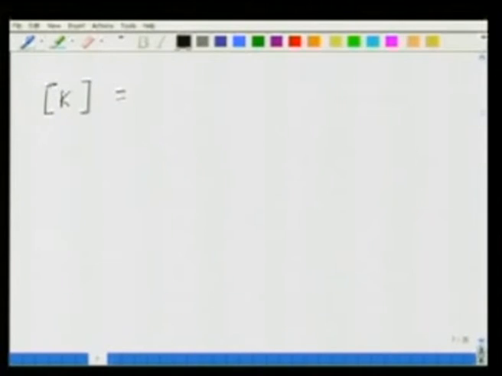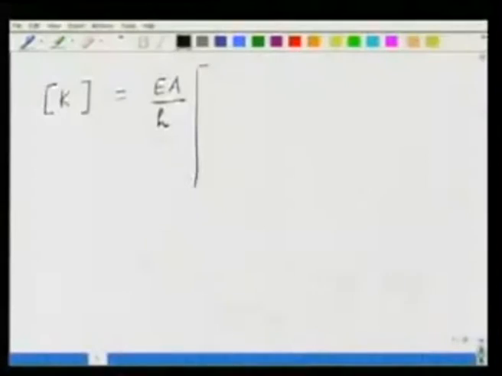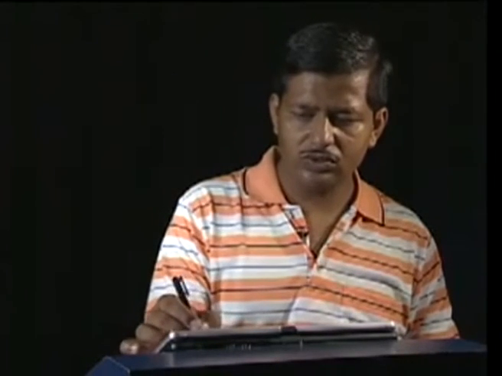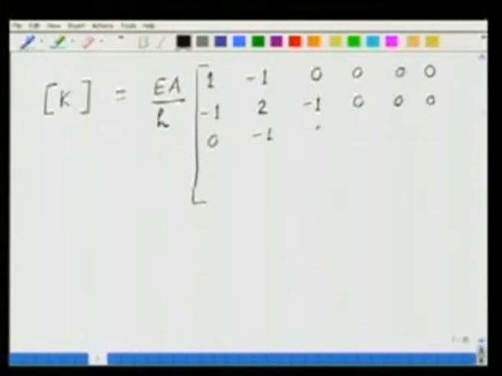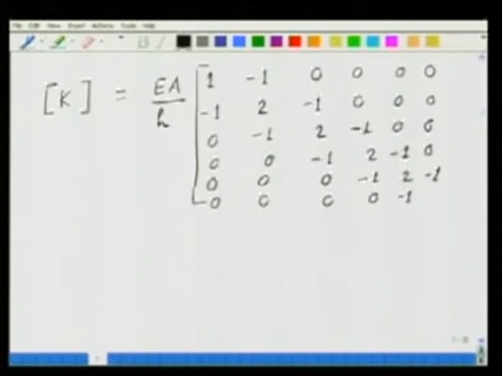So this will be equal to, if I remember it correctly, EA by H into 1 minus 1 0 0 0 0, minus 1 2 minus 1 0 0 0, 0 minus 1, and so on, finally you will get 0 0 0 minus 1 2.